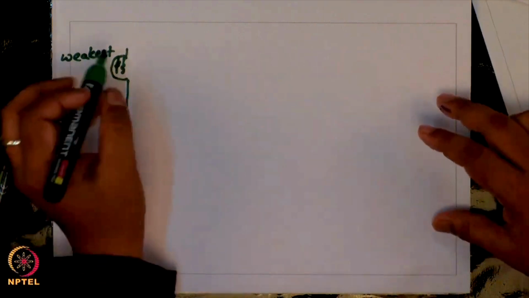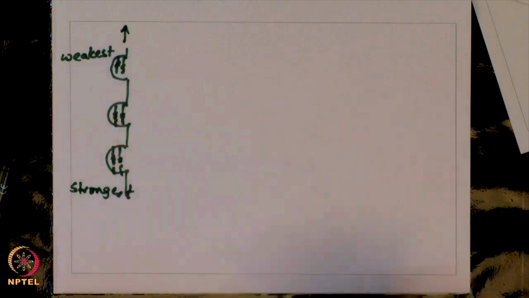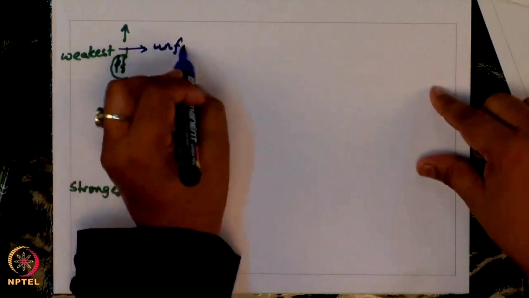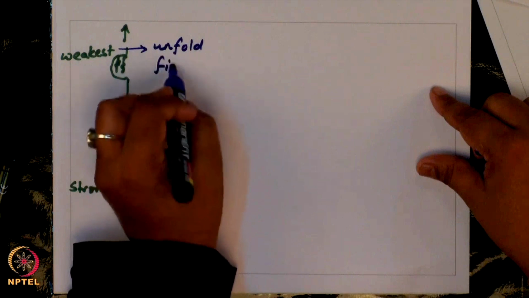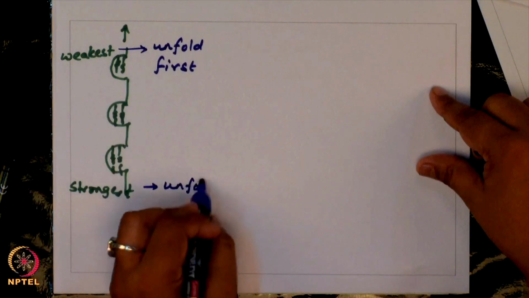Okay. So, this would mean that when you are exerting force, since it is equivalent to a bunch of springs connected in series, the weakest link will unfold first and the strongest link will unfold last.